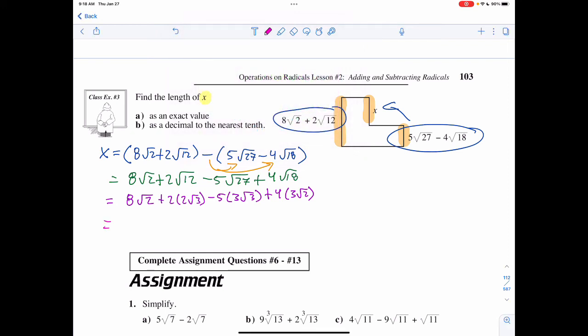This is going to give me 8 root 2 plus 4 root 3 minus 15 root 3 plus 12 root 2.